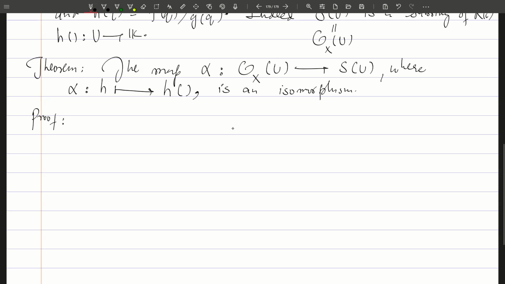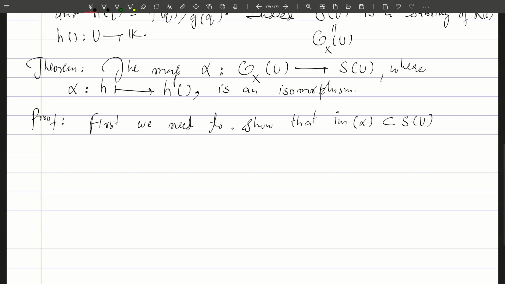First we need to see that the image of alpha is inside S of U. So first we need to show that the image of alpha is inside S of U.